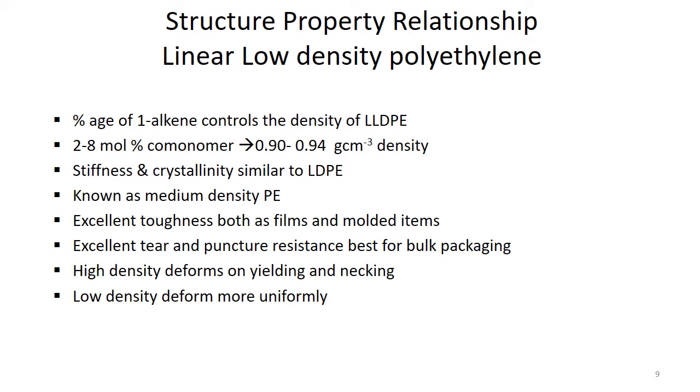There are many different ways by which linear low density polyethylenes can be made. One of them is the Ziegler-Natta catalyst. If we make them using a Ziegler-Natta catalyst, these polymers tend to stick to each other, which is why we can use them in cling wraps.